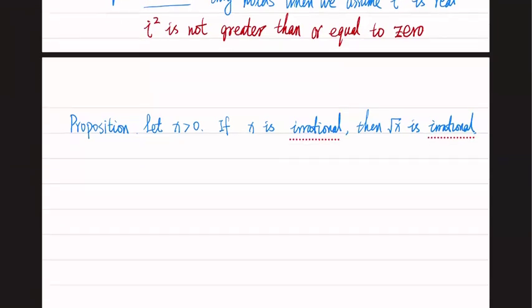If X is an irrational number, then the square root of X, because we assume X is positive, this is well defined, is also irrational. If we want to give a direct proof, how do we use this information? How do we verify this? It's not easy to go either way.